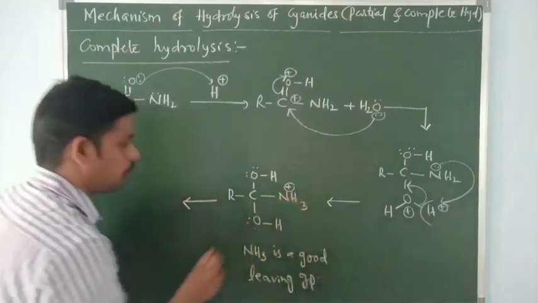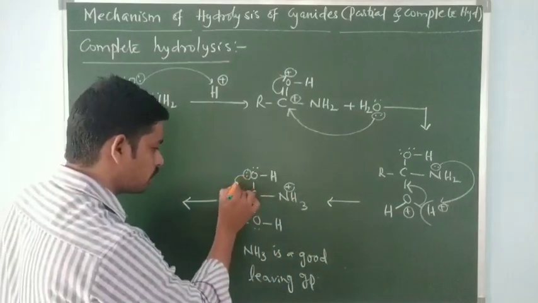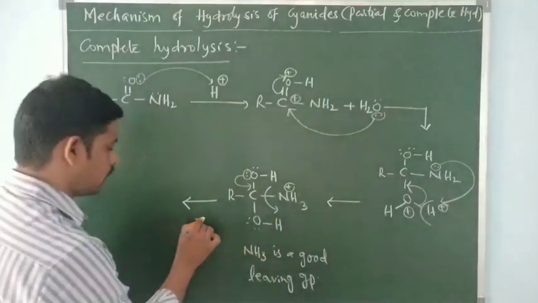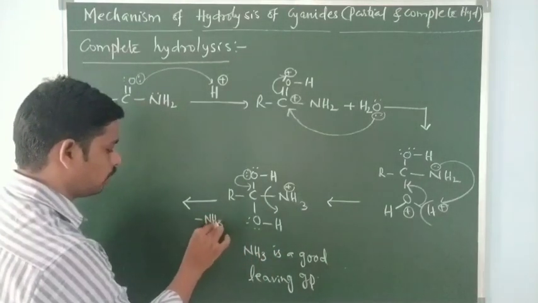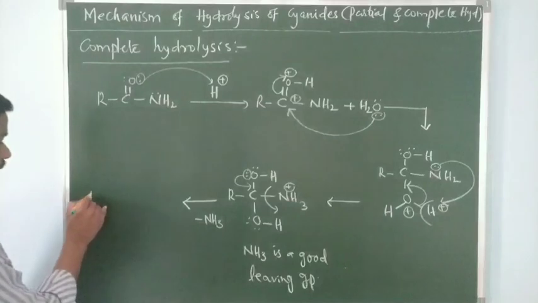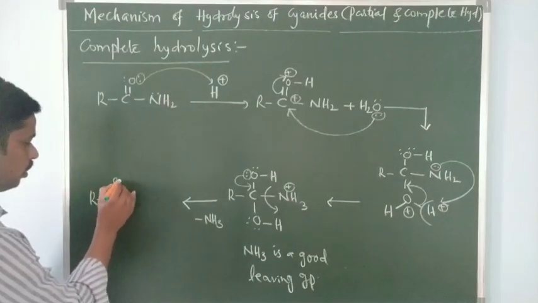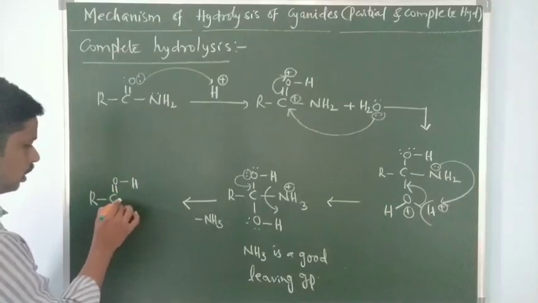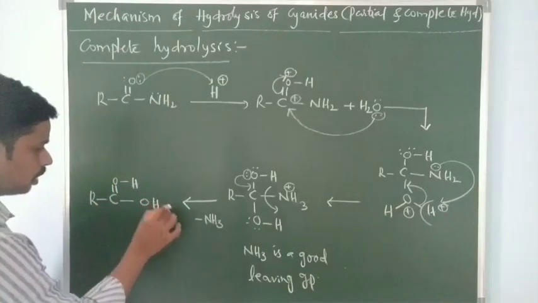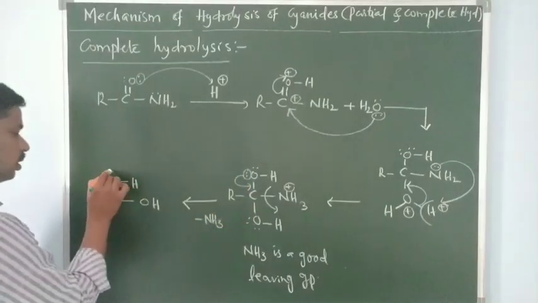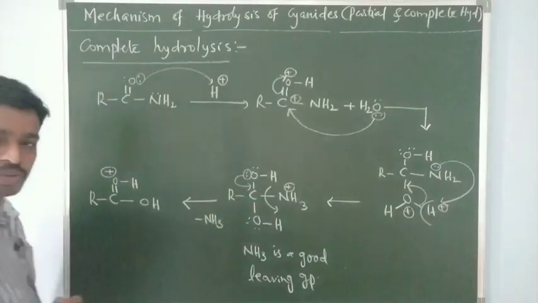It leaves the compound when this lone pair is shifted between oxygen and carbon. NH3 is removed from that molecule, so that we get R C double bond O H, and here OH. Oxygen donates electrons, so oxygen gets positive charge.